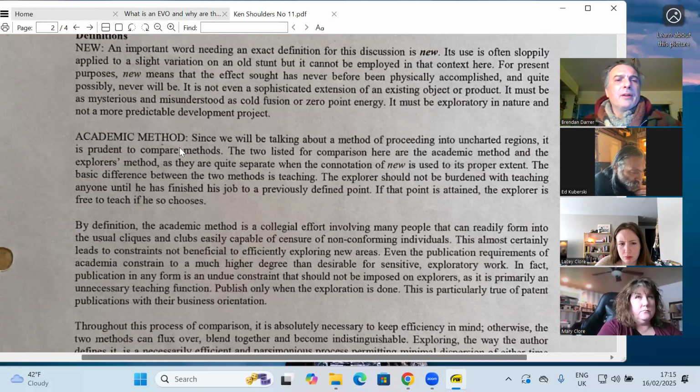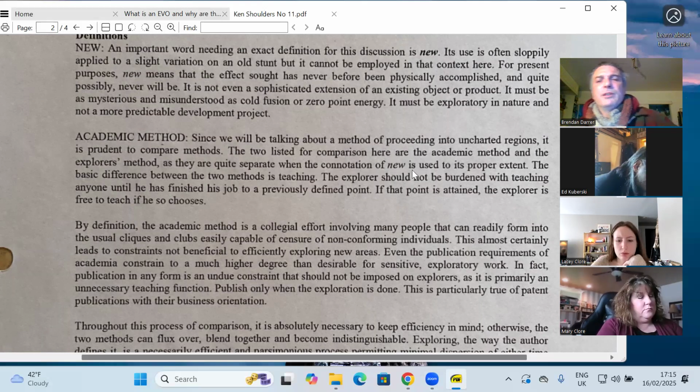Academic method. Since we will be talking about a method of proceeding into uncharted regions, it is prudent to compare methods. The two listed for comparison here are the academic method and the explorer's method, as they are quite separate when the connotation of new is used in its proper context.